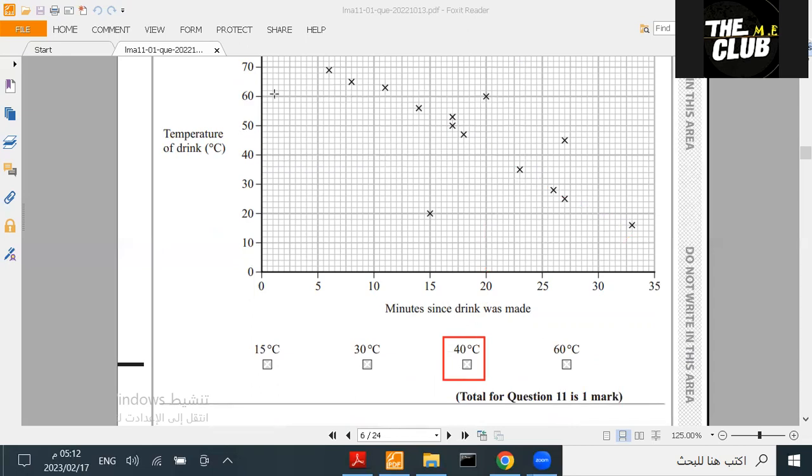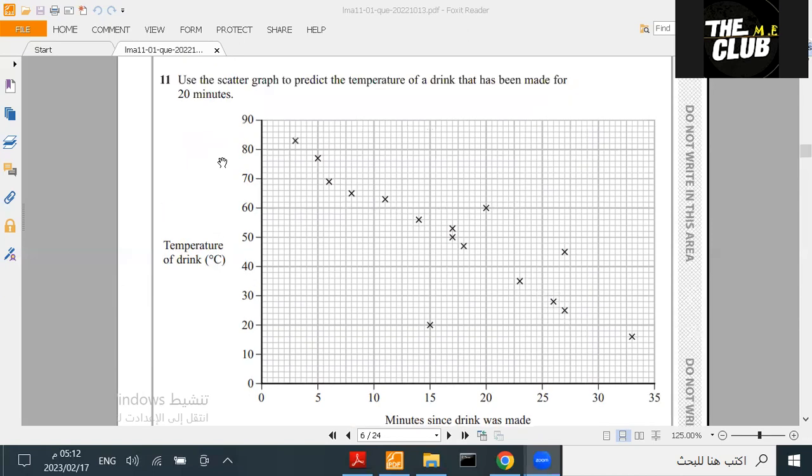Now, let me see. This is my 11. Let me tell you, best fit line, it's not that different. I'll tell you why. لأن هنا عندك 15, 30, 40, 60. Okay. Let me show you lines of best fit. That can be different from students. Line of best fit must be holding all the points. يعني يما يكون هنا يما يكون هيك شوية مش حيكون عالي واجد. أعلى student حيديرها هيك.